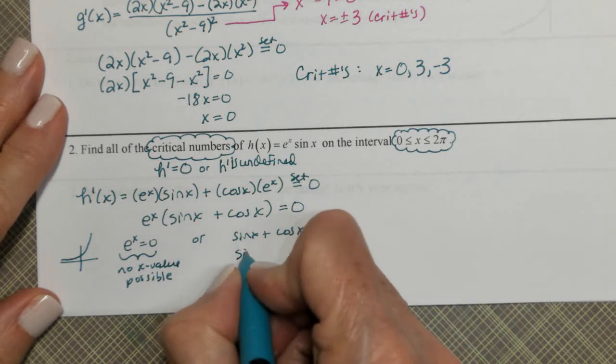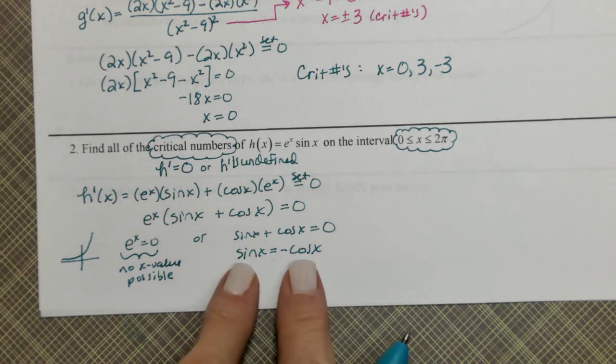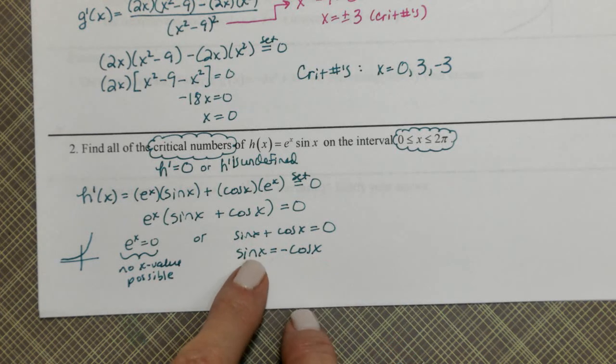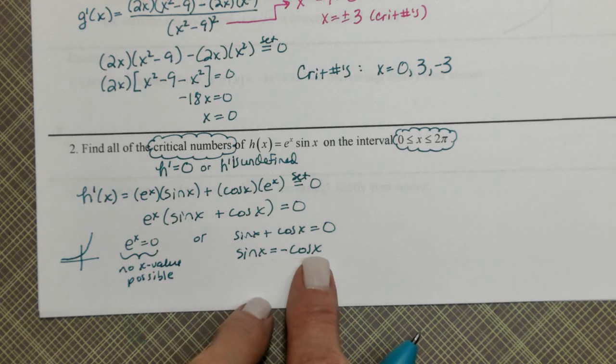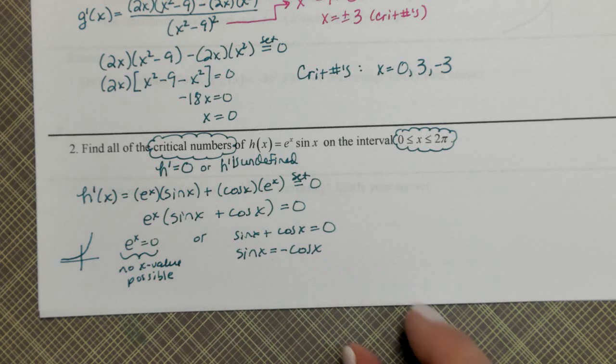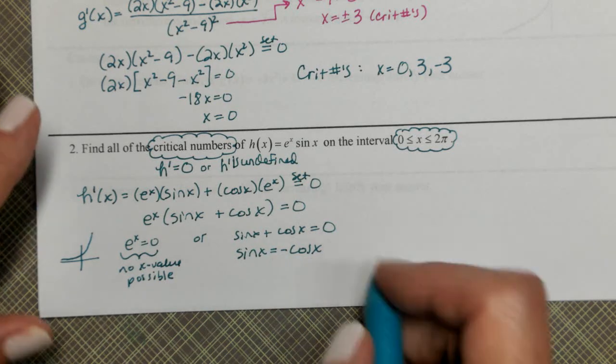I could take cosine x to the other side. So let's think about this. What angle makes sine of that angle equal negative cosine of that angle? Well, they're identical at the pi over 4s, right? They're opposites at the pi over 4s in certain quadrants.